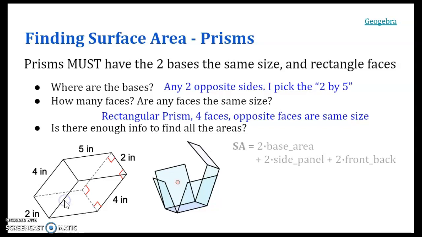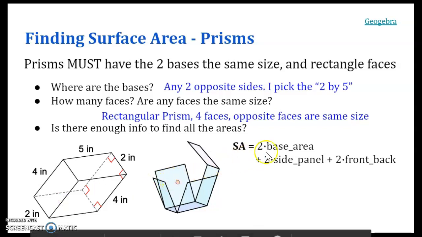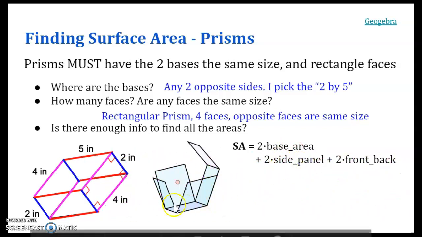Is there enough info to find the area? Well, surface area is going to be 2 times the base area, 2 side panels and 2 front panels. Sometimes it's really helpful to color code the edges and the lengths so that you know which sides you are multiplying. If that is helpful to you, by all means do that.